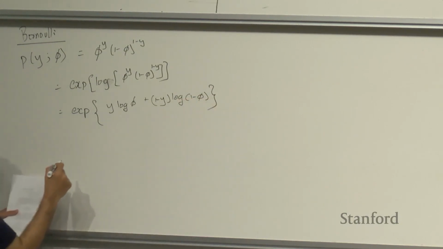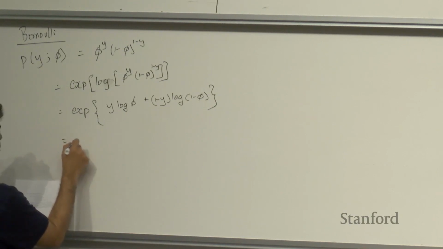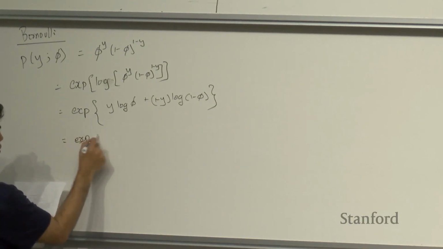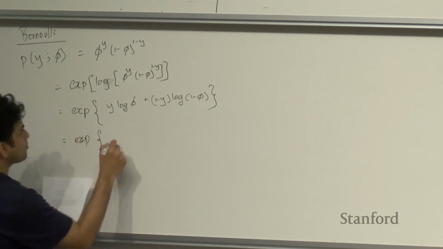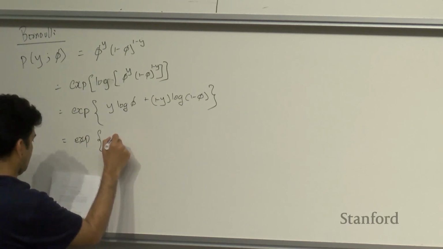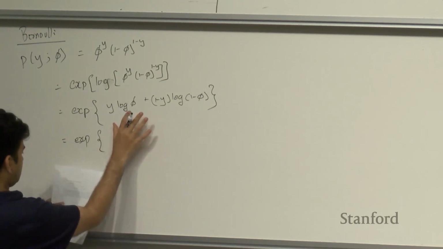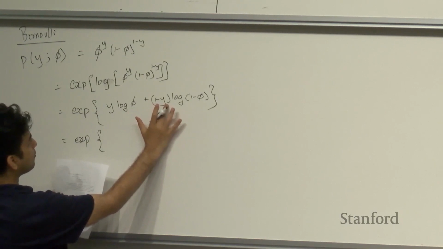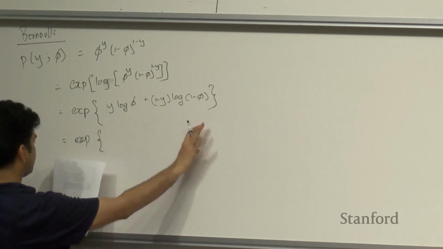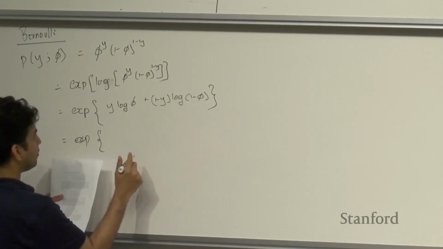right? And we are rearranging terms. I'm going to collect terms that have y in them to the left, and to the right terms that do not have y.